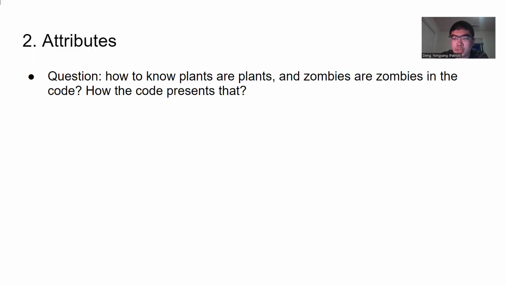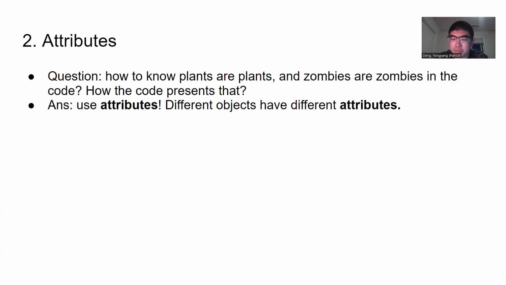Because you are not drawing something on a computer, but you have to translate the rule of the game from English into the code, saying this is a plant. Plants are plants and zombies are zombies based on their own characters. The characters are different from each other. So the answer is to use attributes.